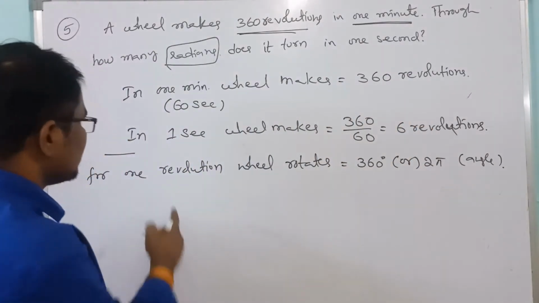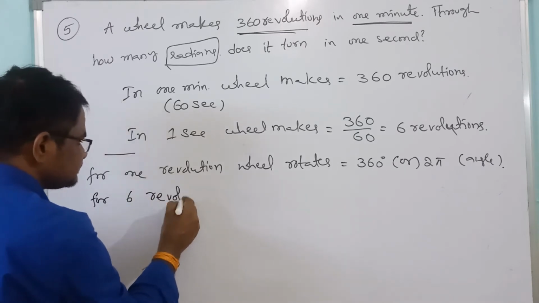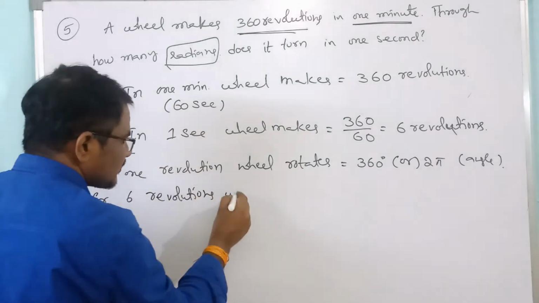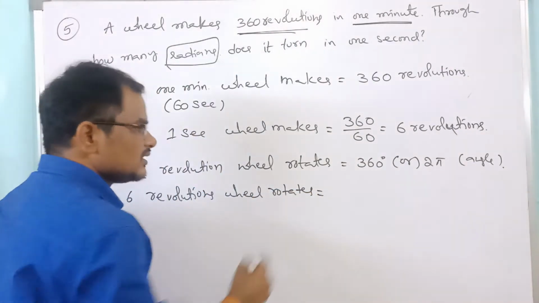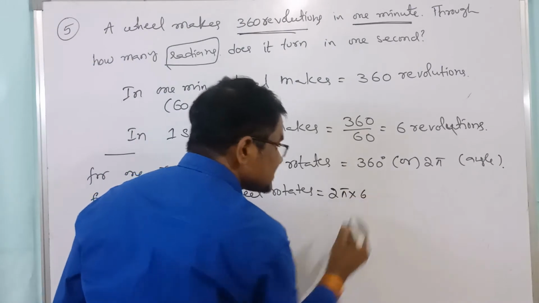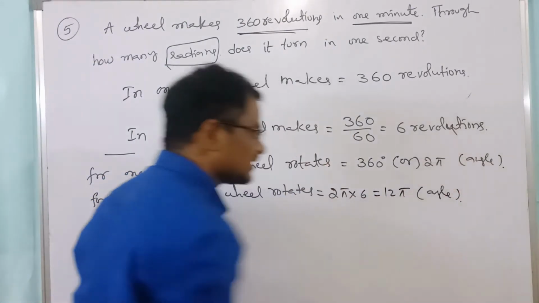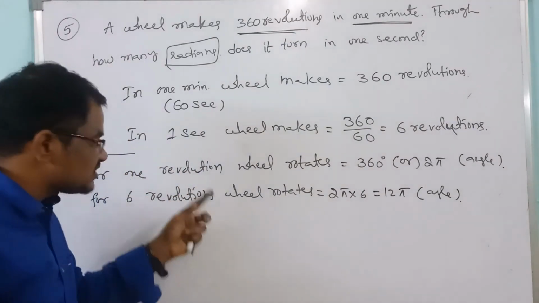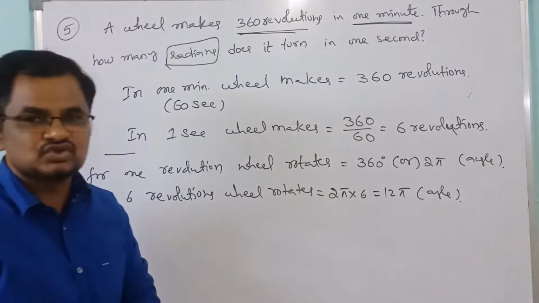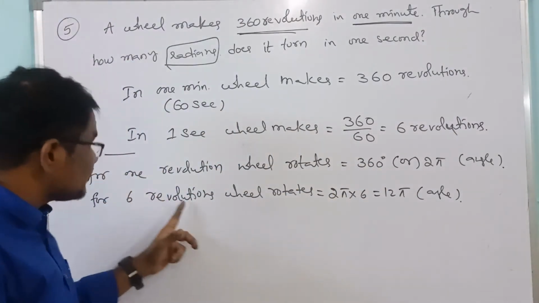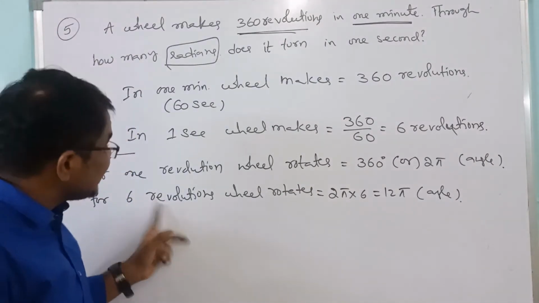Now for 6 revolutions, the wheel rotates 2 pi into 6, that is equal to 12 pi. So this is also the angle, right? In one revolution, one rotation completed, the wheel rotates 360 degrees, which is 2 pi radians. For 6 revolutions, 2 pi into 6. But these 6 revolutions are completed by the wheel in 1 second only.